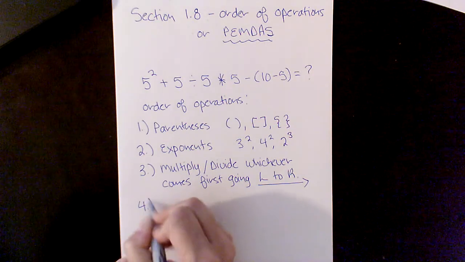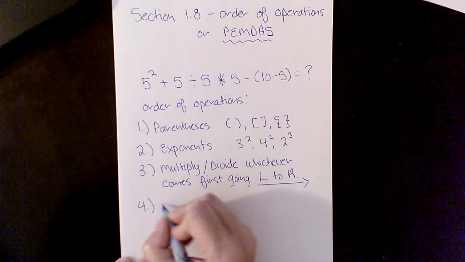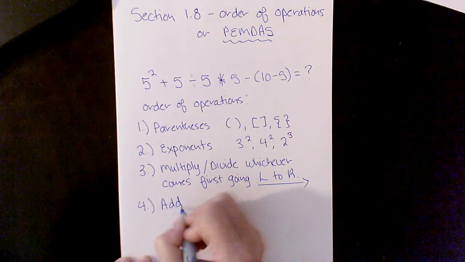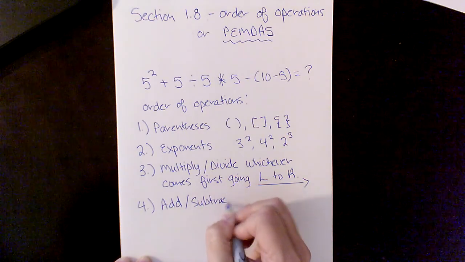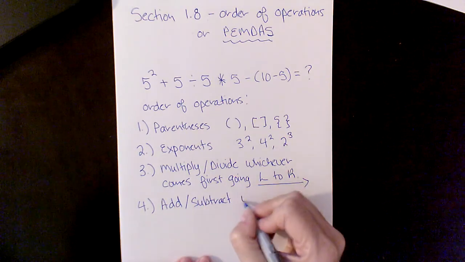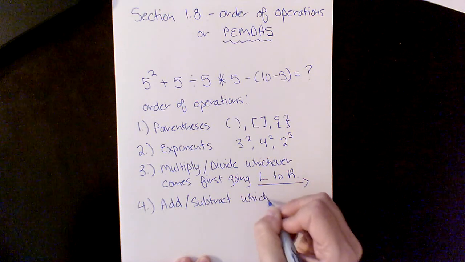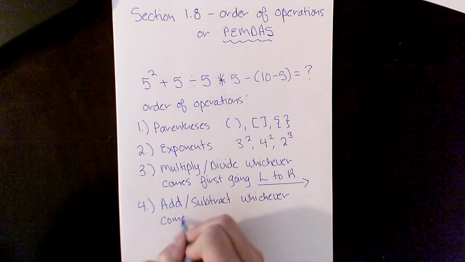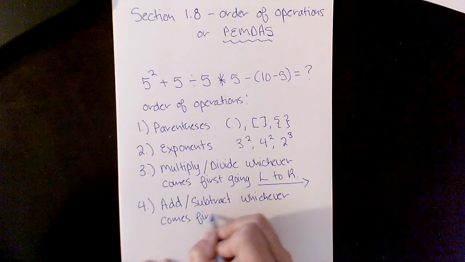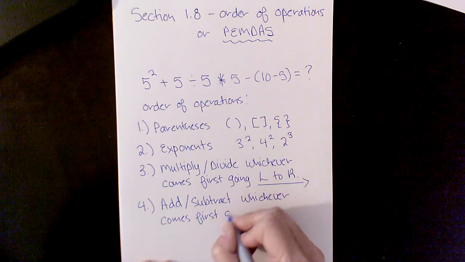And last, add, subtract, same thing. We do not always add and then subtract. We look at the problem, and whichever comes first, going left to right, that's what we do.